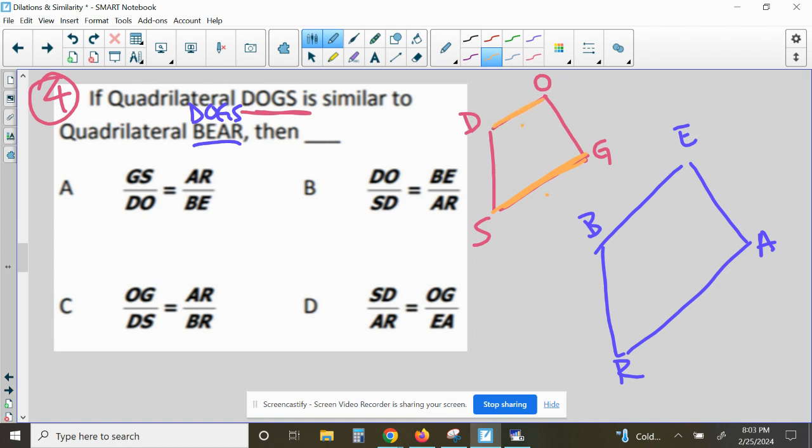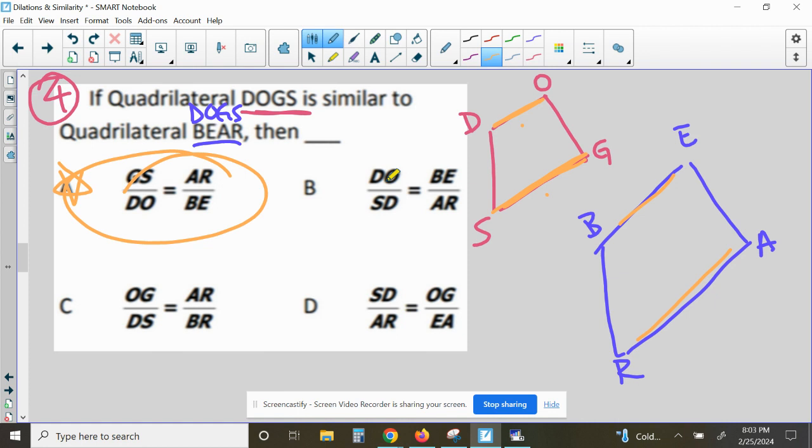Now what do you think that matches on the other picture? If I went from here to here, that means it has to be this one to this one, right? So that means I would have to have AR and BE. So this one actually works, doesn't it? Okay, so let's keep him. He's good so far. Let's see if we have another one.